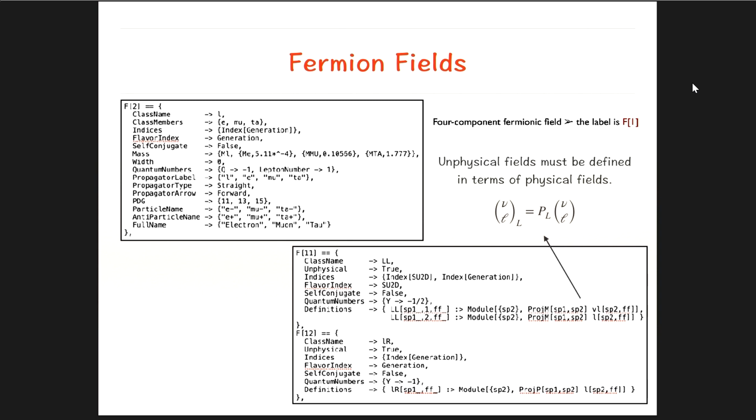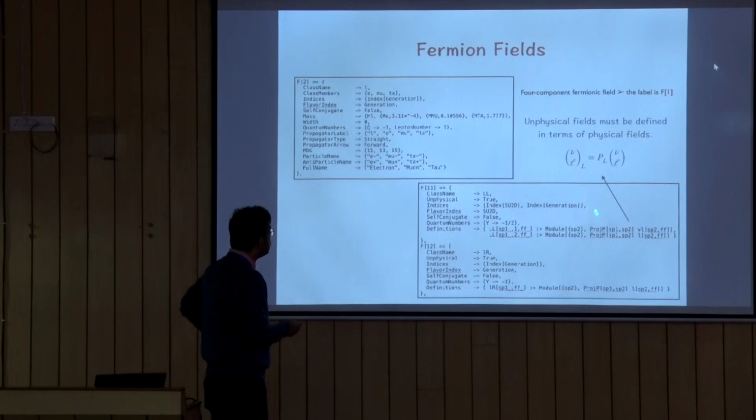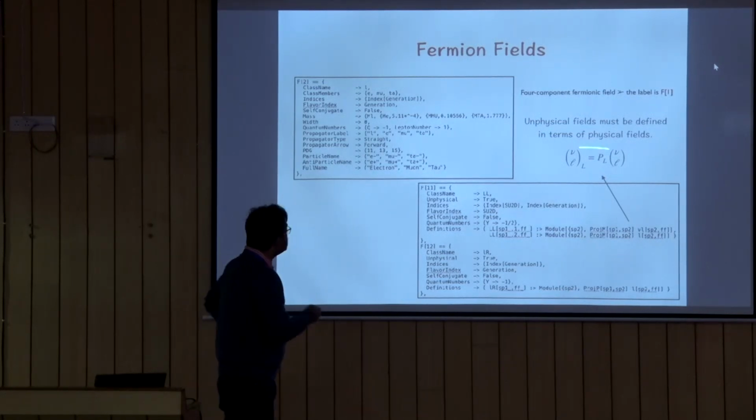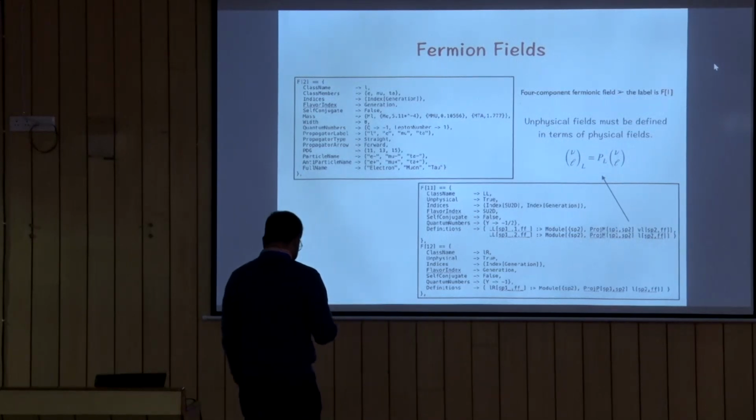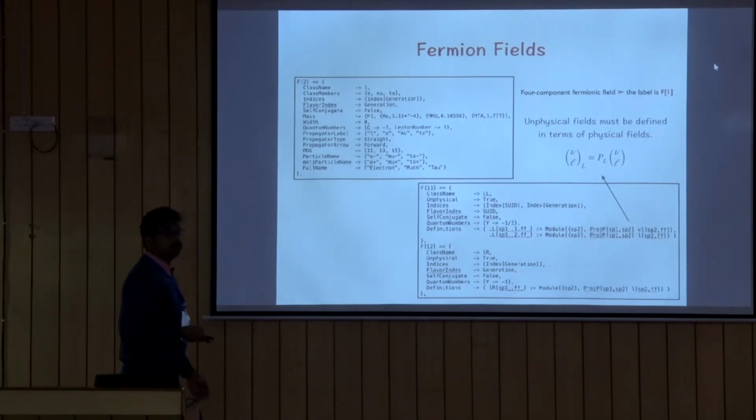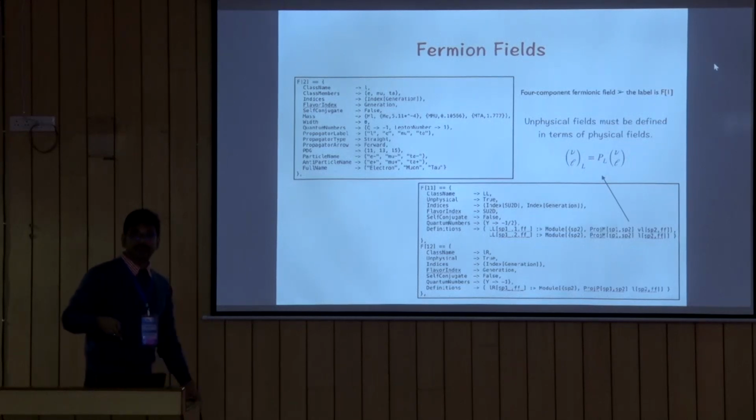It's a singlet, so the only entry is project P sp1 sp2, and this is the usual multiplication for each of these components. So this is like ER is equal to PR into E. This is basically the definition by which you can do it. This goes for all the cases, for the quarks also. Okay, it makes sense.